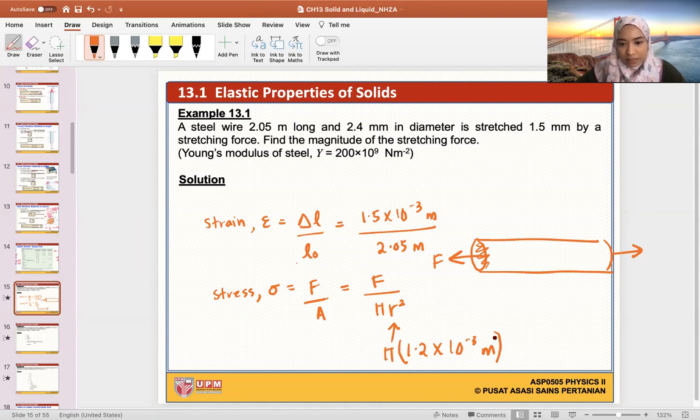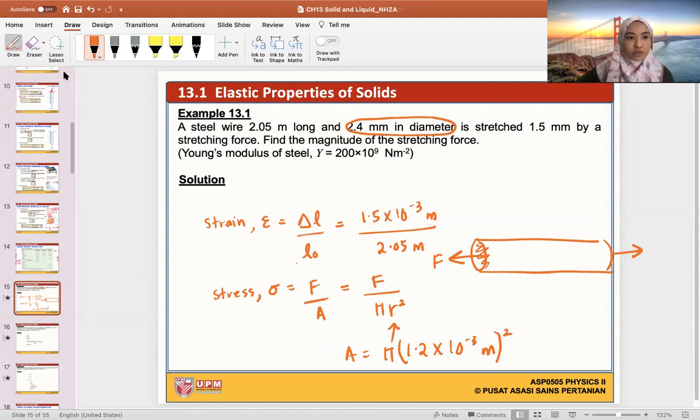So this is pi r squared. So that is your area. Okay. So it's not pi, it's pi r squared. What is the r here? This is the diameter. So diameter kena bahagi 2 to get the radius. Okay. So this is how you guys got 1.2 times 10 to the minus 3. Okay, so now to baru stress and strain.